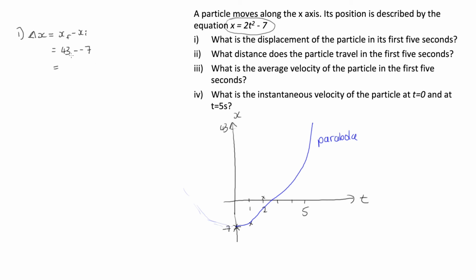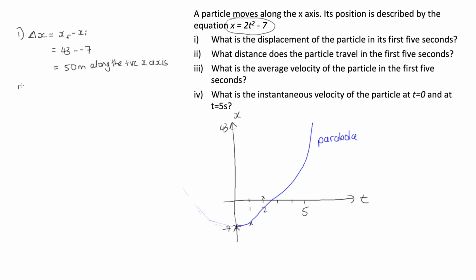And so this is 43 plus 7, so this gives us 50 meters along x. And it's a vector, so we need to give a direction. So we can say along the positive x axis.